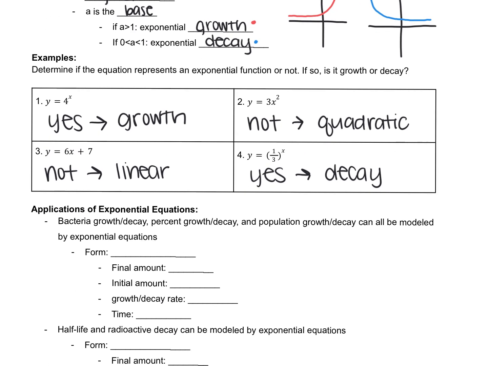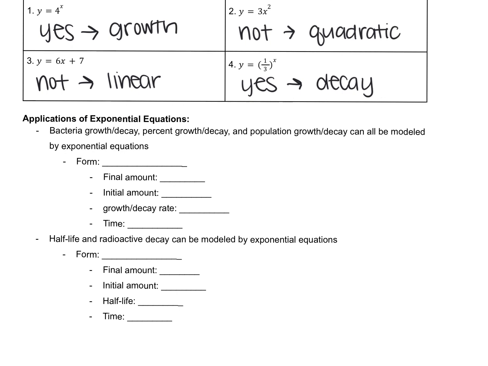There are quite a few types of applications that we're going to be looking at for exponential functions. Bacteria growth or decay, percent growth or decay, population growth or decay can all be modeled by exponential equations.